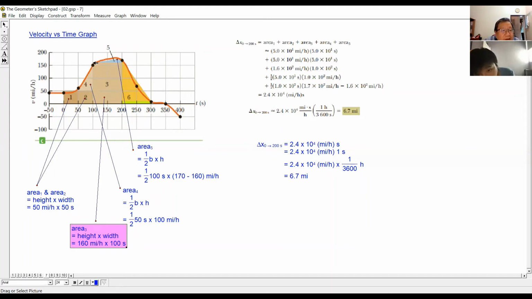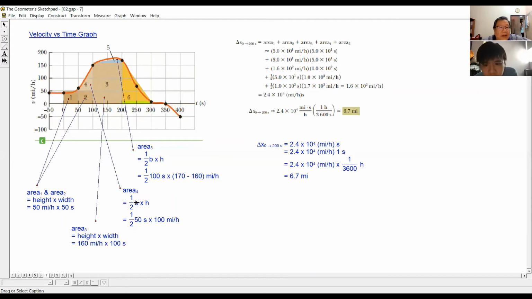So 160. What is the width? The width is from 100 to 200, so it is 100 seconds. 160 times 100. So what we are doing here is actually finding the area, right?